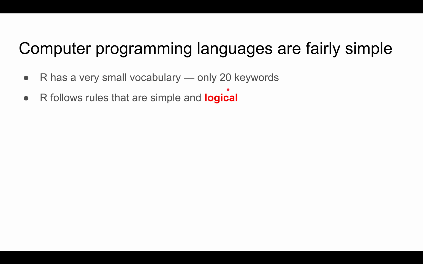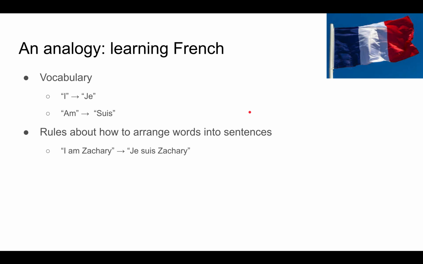There are only 20 keywords. If you think about the number of English words you know or the Chinese characters that you know, that's thousands. And the rules that govern how the language works are very simple and extremely logical. I'm going to use the analogy of learning French to explain this, because learning a computer programming language is like learning a new human natural language.